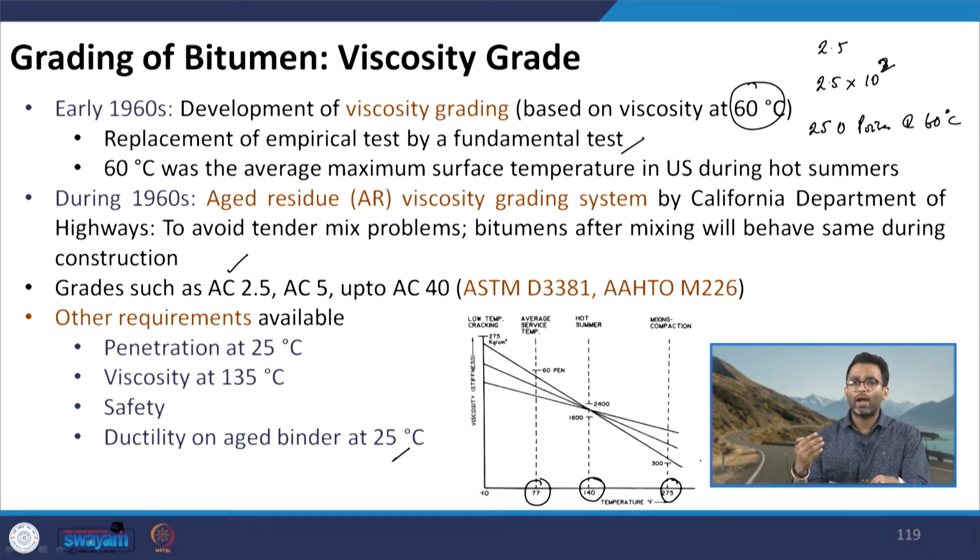Talking about the advantages and disadvantages of the viscosity test, if we talk about the advantages, the viscosity test measures one of the fundamental properties. It can control the rutting resistance during hot summers. Since consistency is measured at 3 temperatures, we have more control over the temperature susceptibility.